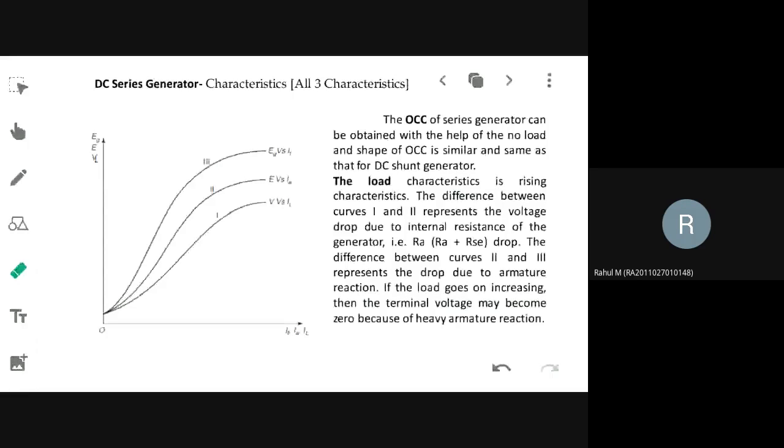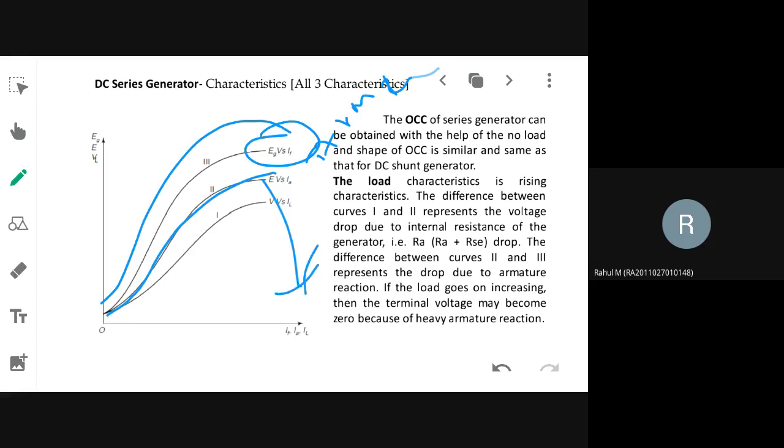But when it comes to load characteristics, what type of characteristic does it have? As you can observe, this is your rated voltage curve. From this, if you subtract the armature reaction drop, then you will get the second curve. That curve is called what characteristics? All the three are load characteristics. This picture is showing load characteristics.